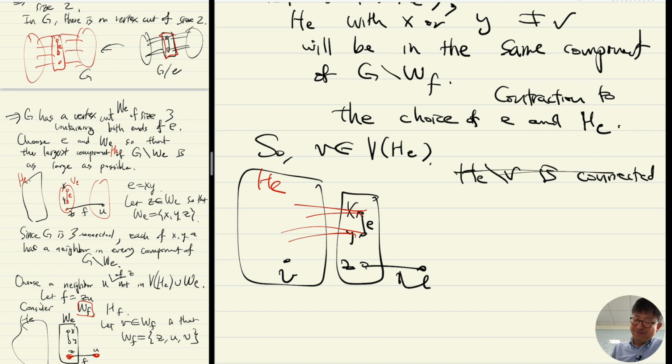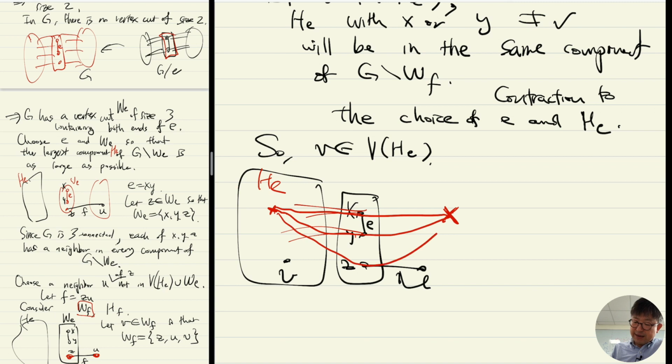There's an easier way. Let's pick a vertex outside. Now, the graph is 3 connected, so for any vertex inside HE, I must have 3 internally disjoint paths. Those 3 paths must use X, Y, G exactly once.